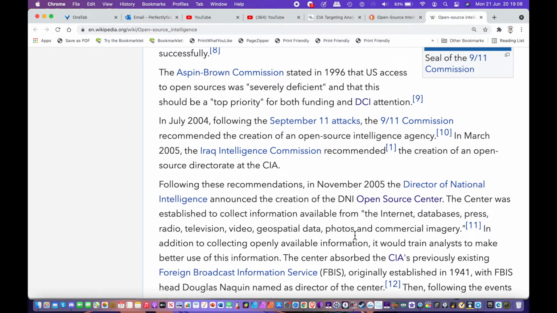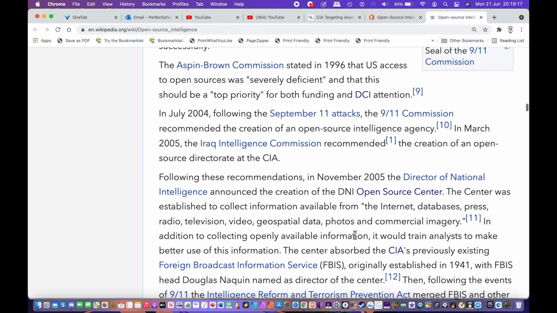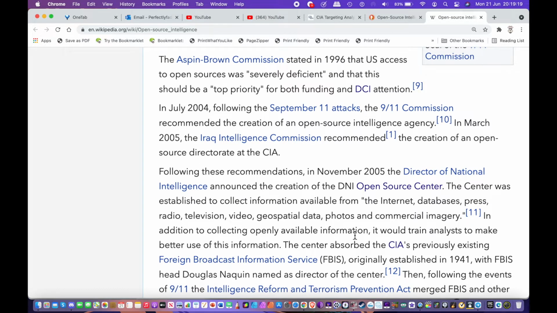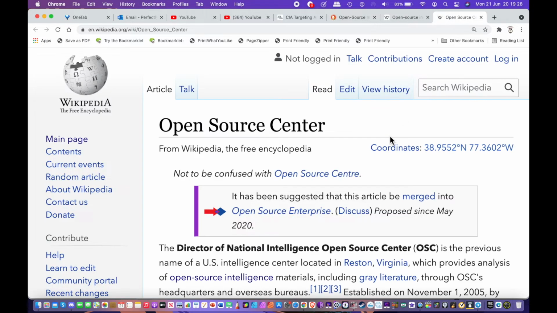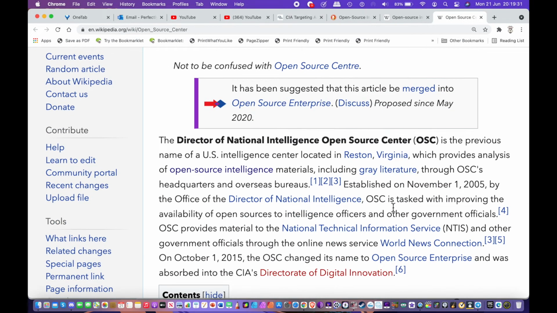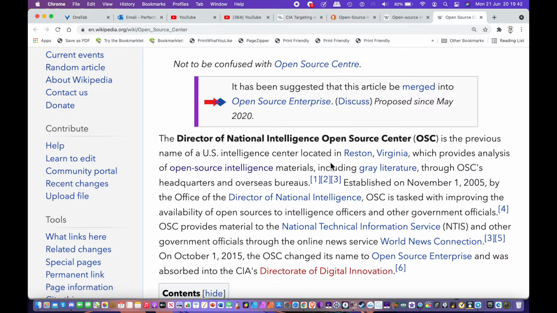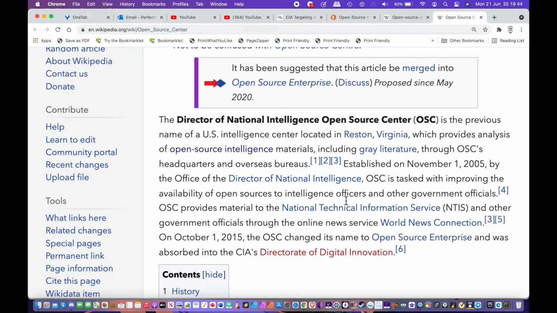Following these recommendations, in November 2005, the Director of National Intelligence announced the creation of the DNI Open Source Center. Ooh. So there's like a center now. It was previously named the Open Source Center, located in Reston, Virginia, which provides analysis of open source intelligence materials, including grey literature.